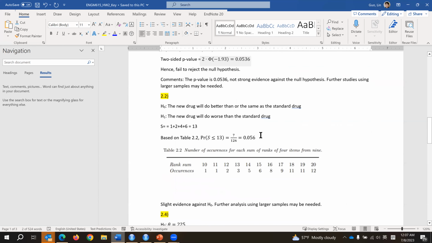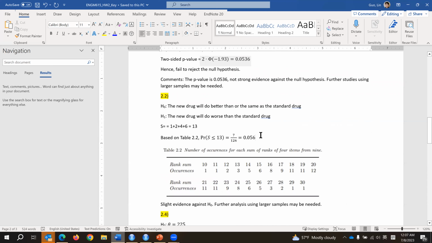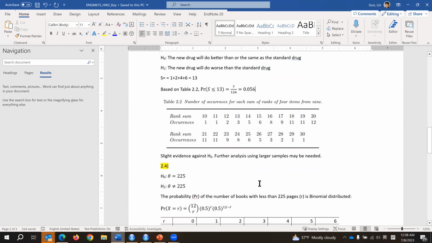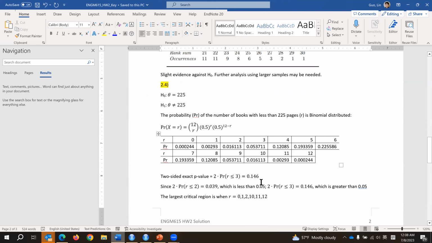And then problem 2.2 is pretty straightforward. We already have that rank sum with occurrences table. We just need to identify the same probability. All right, and then problem 2.4.